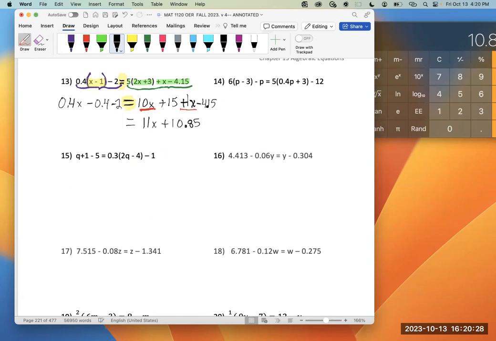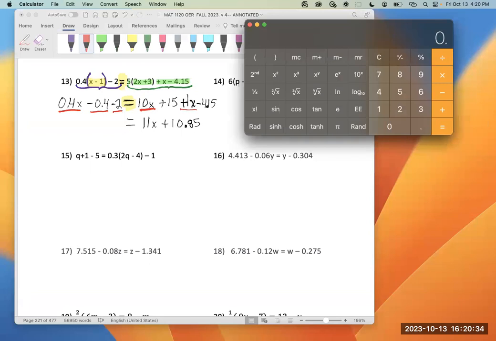Left side, looking over here, I have a term with an x, I have a number and another number. So I have 4/10, that's negative. Notice your calculator will have a plus-minus that lets you just change the sign. So now it's a negative 4/10, and then I subtract 2 from that.